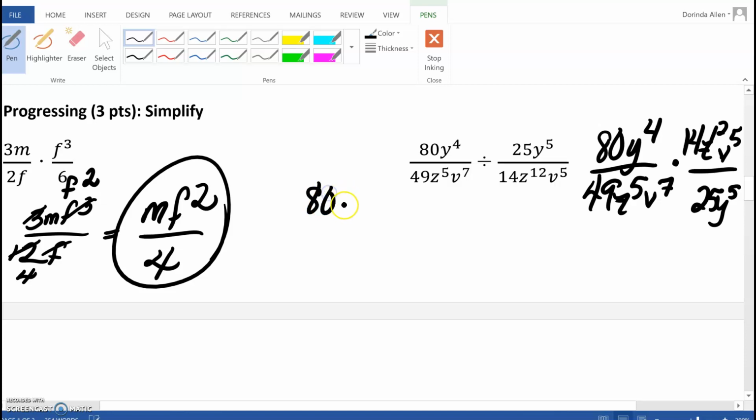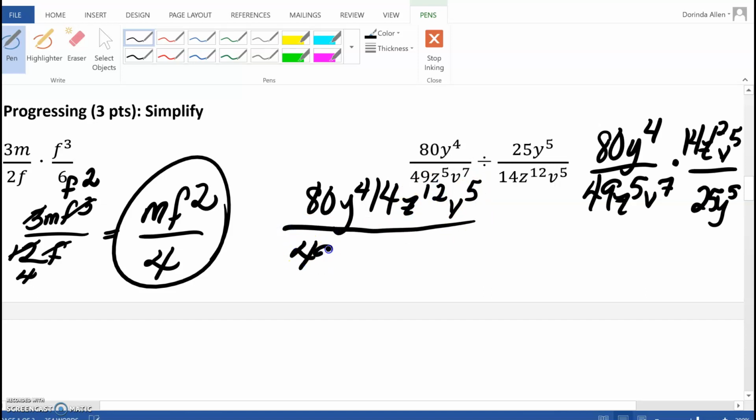And we could go ahead and multiply, but I think it'd just be easier to write them out here like this as one top and one bottom.